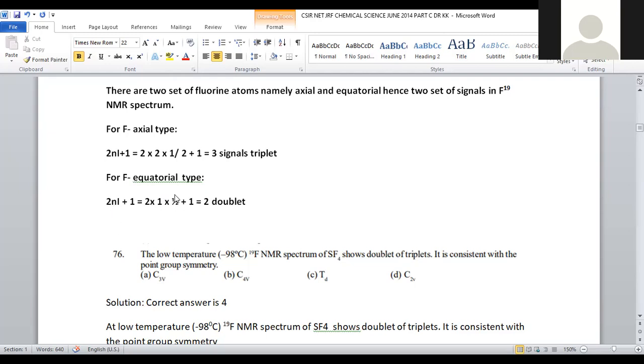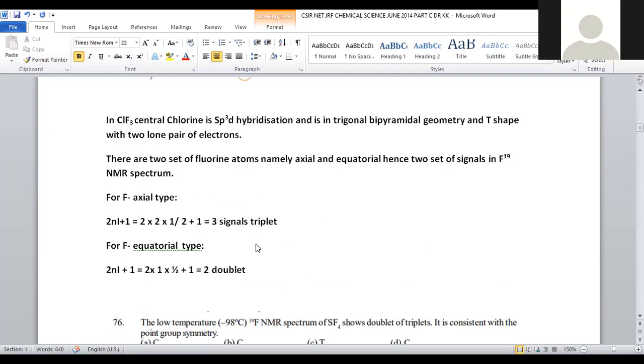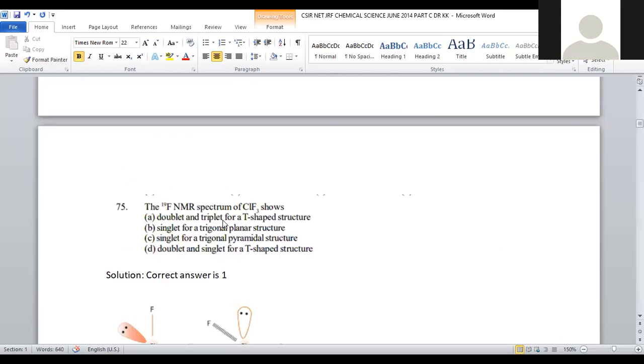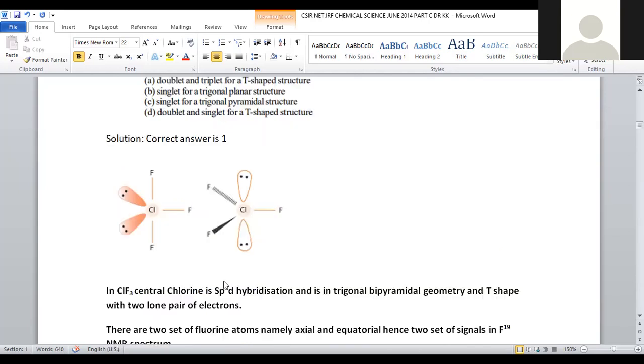So that will be 2 into 1 into 1/2 plus 1. The 2s get compensated, 1 plus 1, and it will become a doublet. The possible signals are 1 doublet and 1 triplet, a doublet and triplet for the T-shaped structure. So this is given in option number 1. So for question number 75, option number 1 is the correct answer.